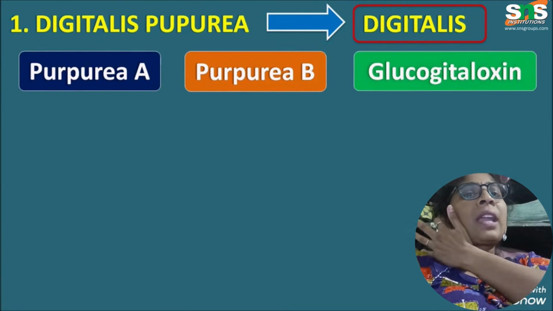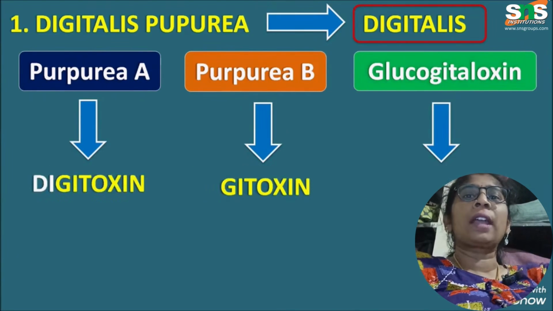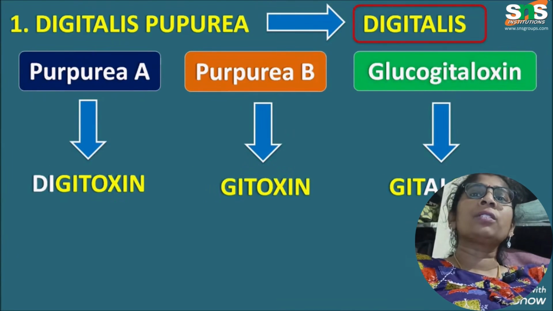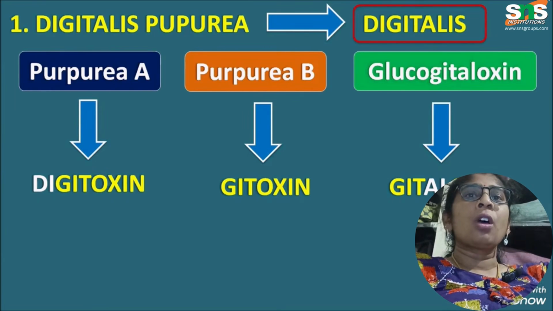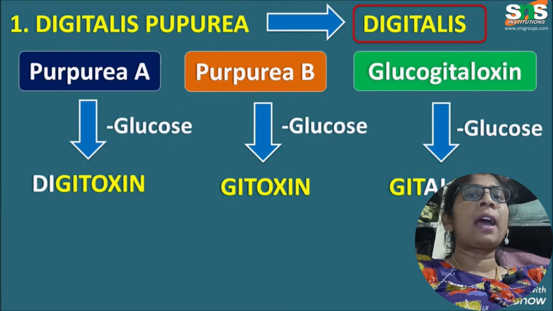So, coming to the chemical tests for the glycosides, here are a few important identification tests for glycosides, and they are used in the lab. That is Borntrager's test. Boil sample with dilute H2SO4, extract with ether, add NH4OH.